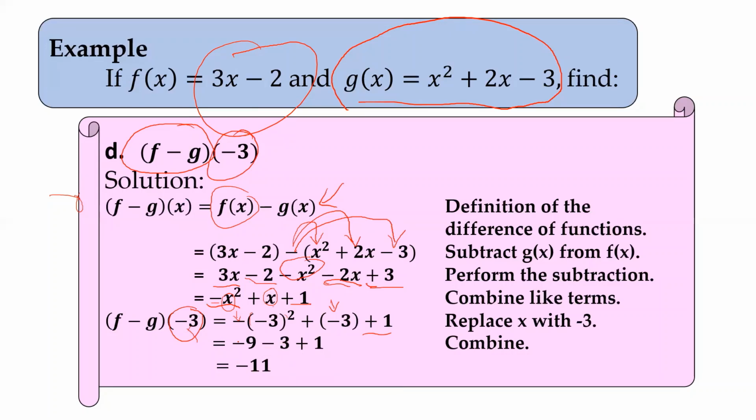Of course, you will have negative 9 plus negative 3, that would give you negative 12. Plus 1, negative 11. So we'll have negative 11 as your final answer. All right? So, we have also a lot of examples in the following by solving also here.